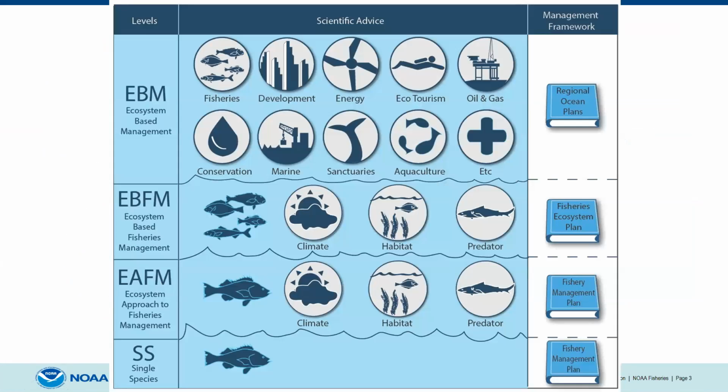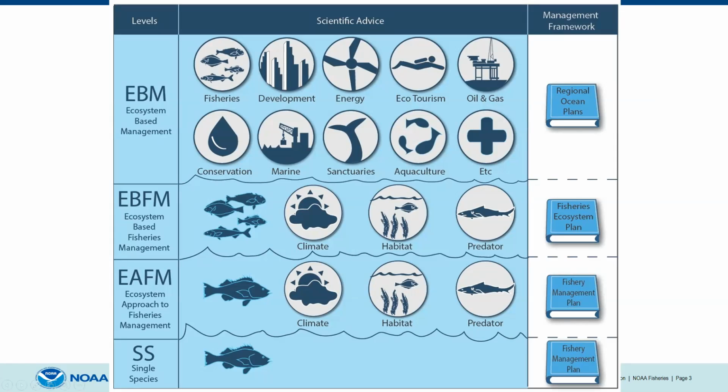I'm sure some of you have seen some iteration of this figure before, but I just wanted to highlight what we're talking about when we go into ecosystem-based management. As federal scientists, we love our acronyms, so there's a bunch of different ones that are very similar and very confusing. When we think about traditional fisheries management, a lot of times you're down here in the single species realm, but you may have some assessments that think about climate, habitat, or the predators.